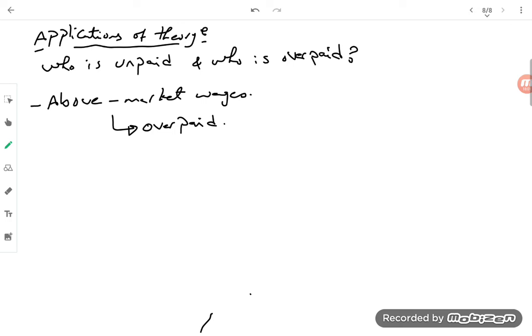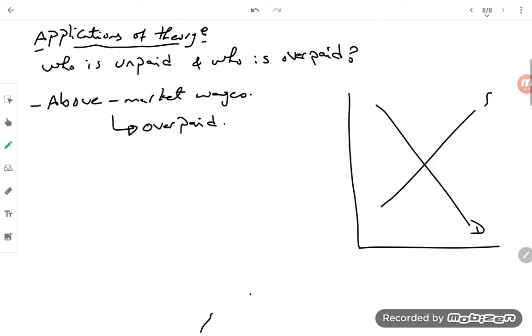So in this case, employers are paying more than necessary to produce their output. So this is the demand and this is supply, number of workers and wage rate. Actually, this is the market equilibrium wage or the market clearing wage, but we are going to pay our workers WH. So they are overpaid workers.